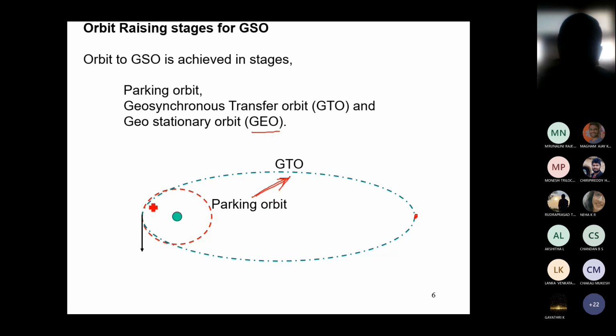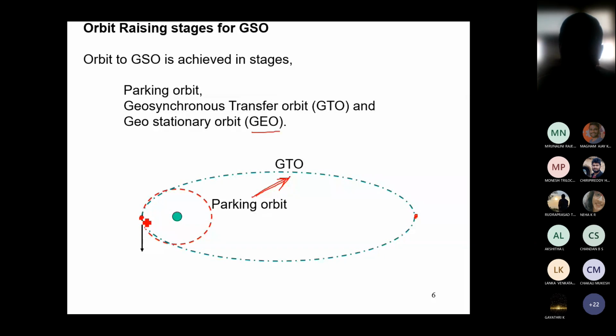This point is the common point between the parking orbit as well as the geosynchronous transfer orbit. When the satellite is at this location, we can say the satellite is in the parking orbit, and we can also say the satellite is in GT orbit.